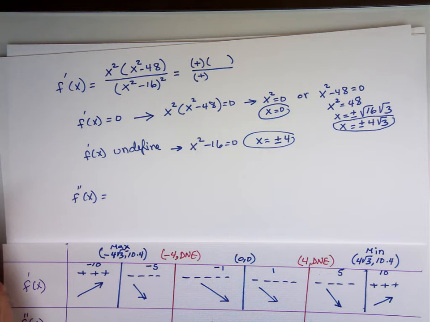Okay, F3, the derivative of this one, which is x to the fourth minus 48x squared divided by x squared minus 16, squared.